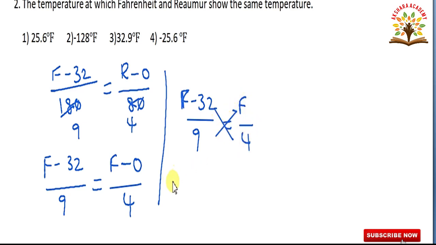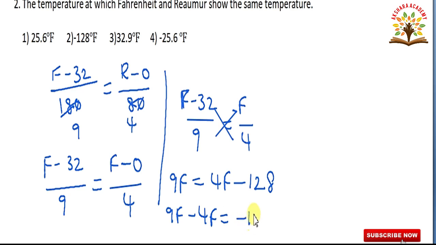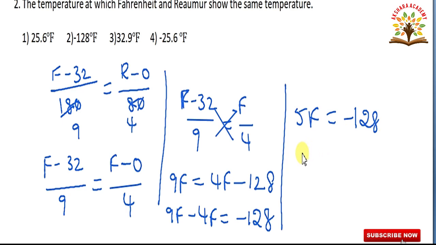Taking cross multiplication, 9F is equal to 4 into (F minus 32). 4 eights are 32, 4 threes are 12. 9F minus 4F is equal to minus 128. 9F minus 4F is 5F. 5F is equal to minus 128.